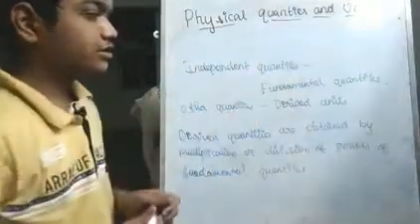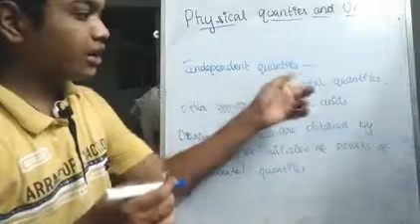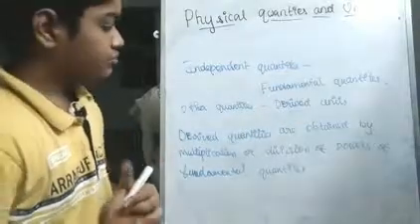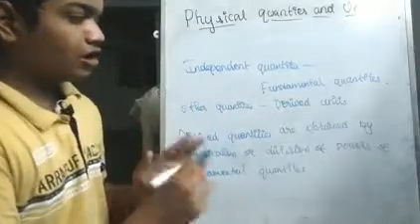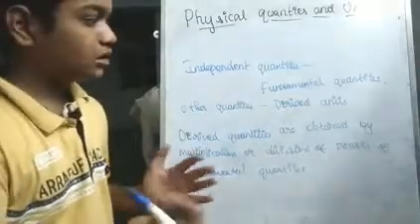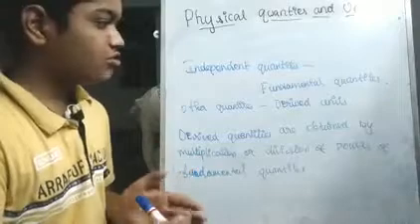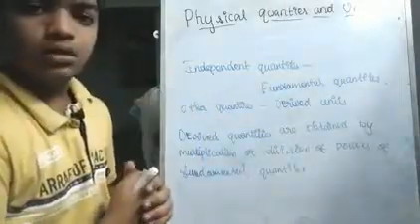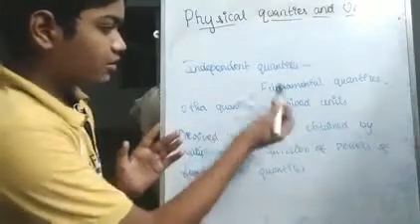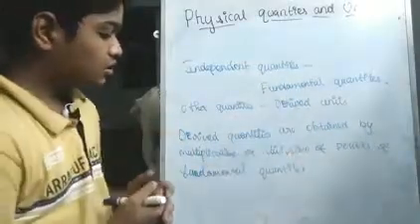Now these independent quantities are called fundamental quantities because they are fundamental, and other quantities are derived quantities. They are called derived because they are derived from the fundamental quantities. So this is called fundamental and derived units.